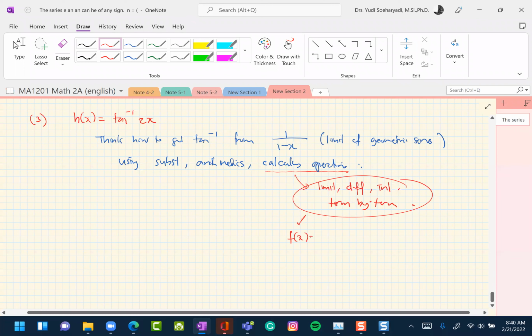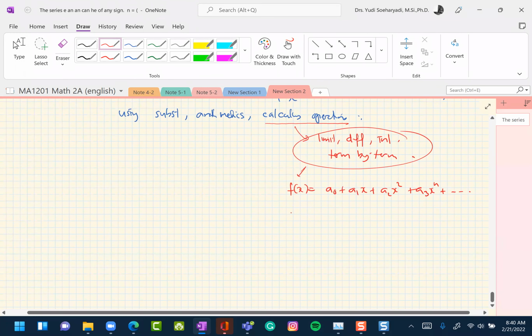If you have this as a series, then f prime would be, you take the derivative of each term separately.